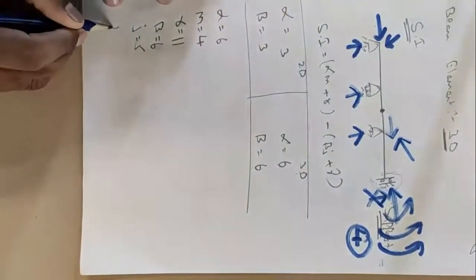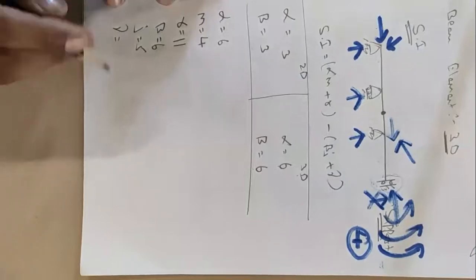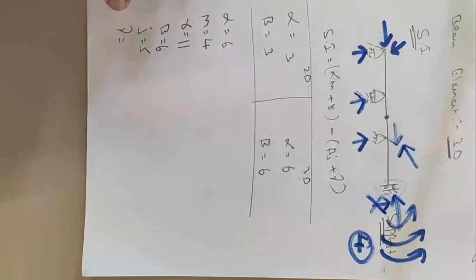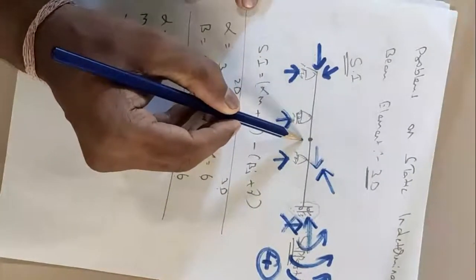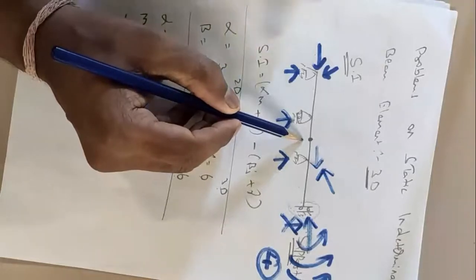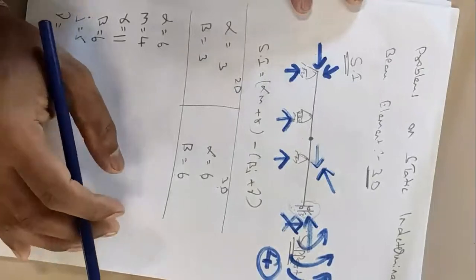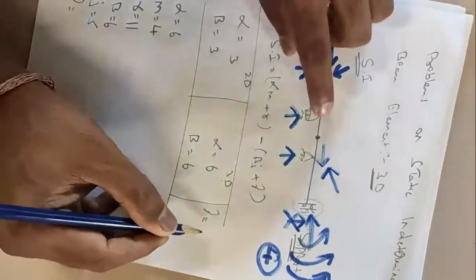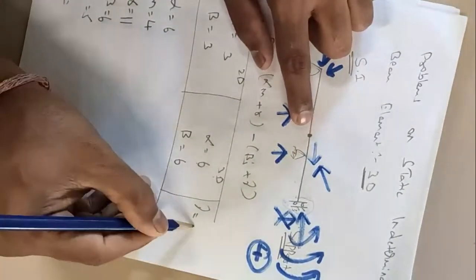Similarly, how many releases will we be having here? So the gamma value is the total number of releases. Now if you see, this is your hinge. For 2D, as I have already explained, it will be equal to m minus 1. Similarly here, for this joint, the total gamma value will be equal to 3.